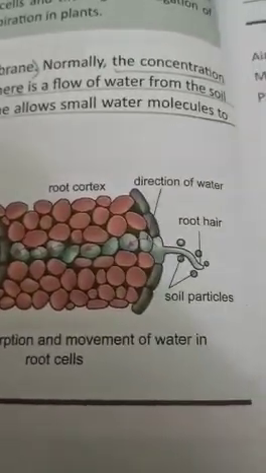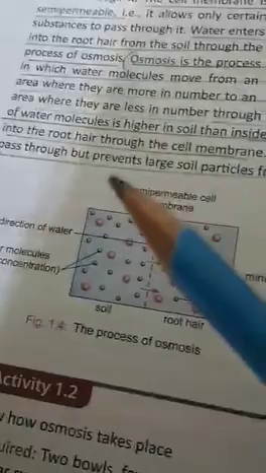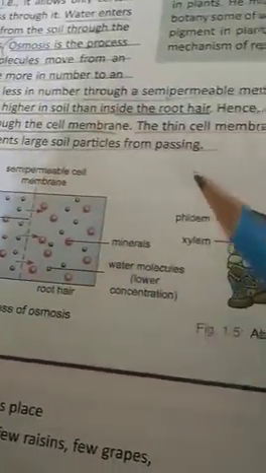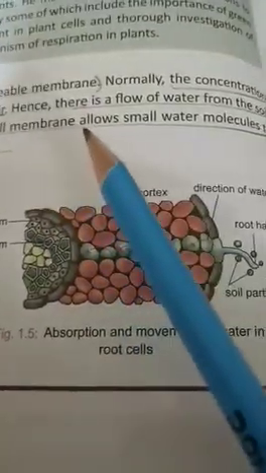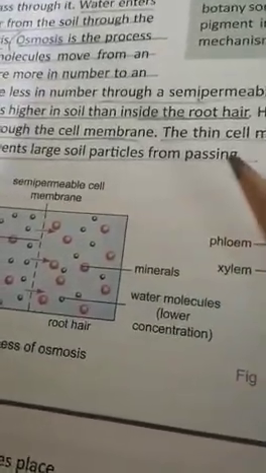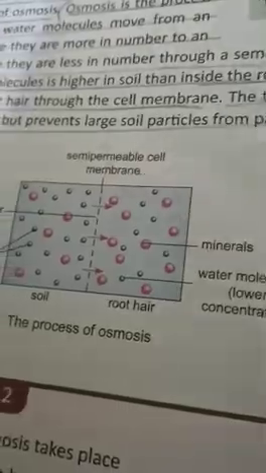Hence, there is a flow of water from the soil into the root hair through the cell membrane. The thin cell membrane allows small water molecules to pass through but prevents large soil particles from passing inside. So what happens in the root? Only the small water molecules can pass, but the soil particles cannot pass into the cells.